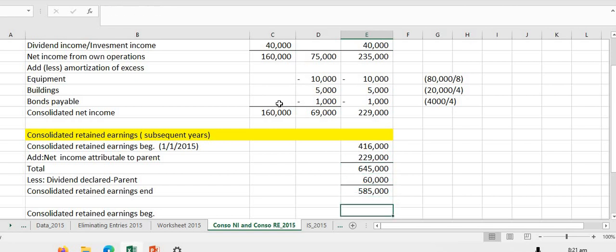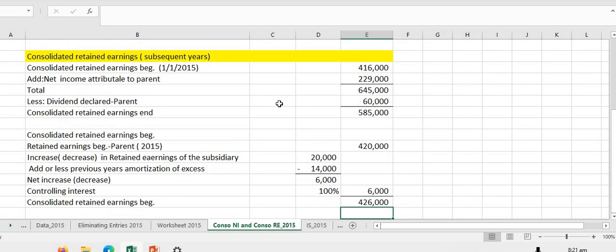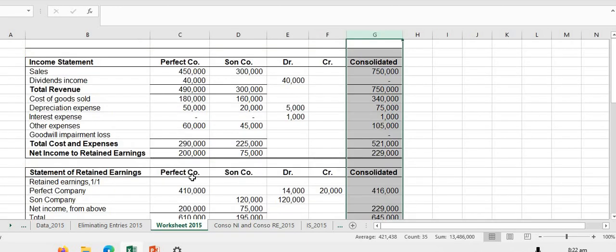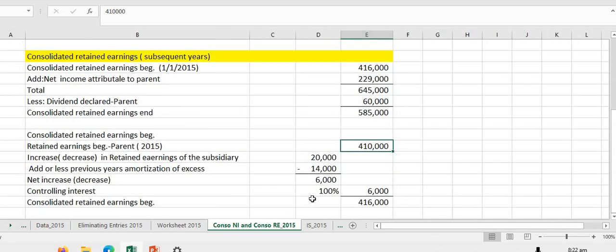Okay? Diba, if di given yung retained earnings, so yung retained earnings nag-report yung subsidiary at 410,000, diba? Yan siya, 410,000, no? And to compute for its, diba, is yung net increase sa net income ng subsidiary, less yung amortization of excess.